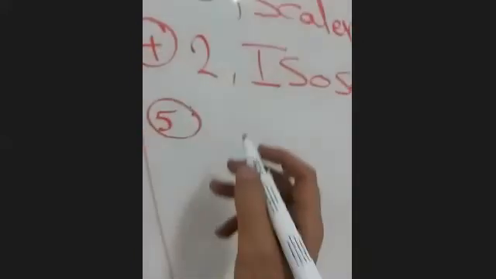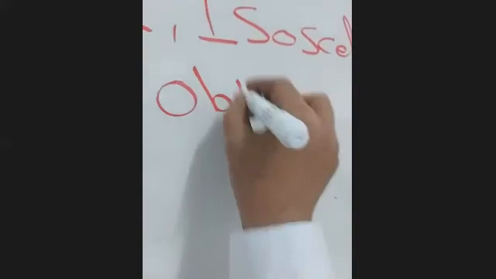So here we'll do the other classification. Do we have obtuse or right or the 3 are acute? It's a big one, so we call it obtuse triangle. Excellent. Question 5, obtuse triangle.